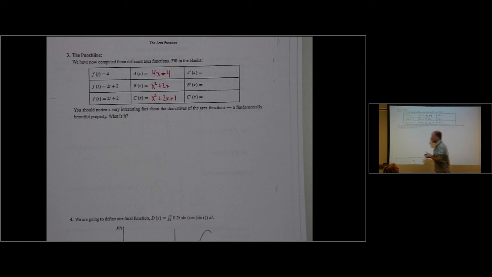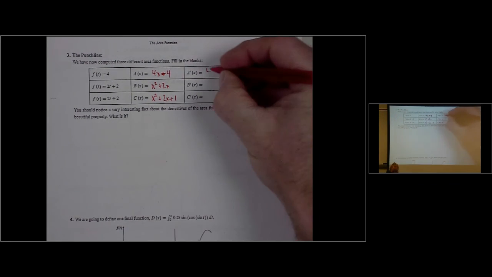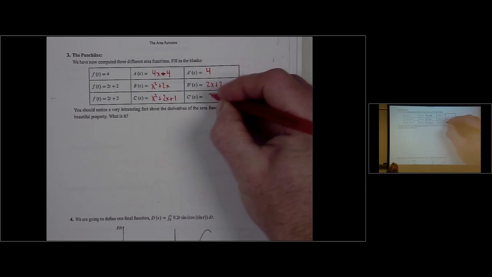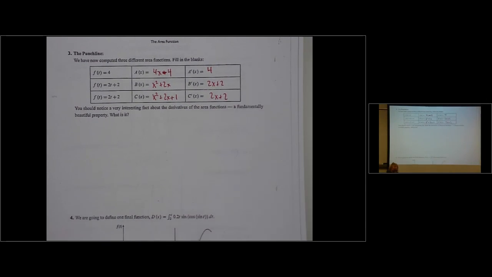And so now they're just asking us to find these derivatives. They're pretty trivial functions, so we can definitely find their derivatives. And so here is the big deal. There is an interesting fact about the derivative of the area function. What is the derivative of the area function?